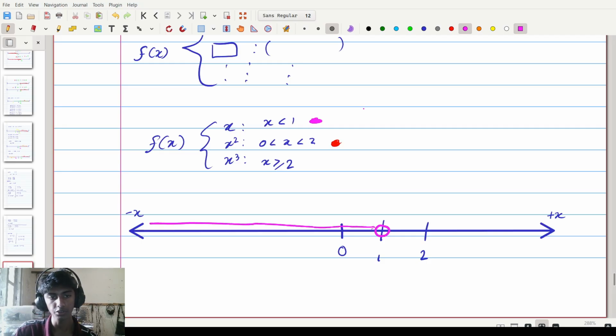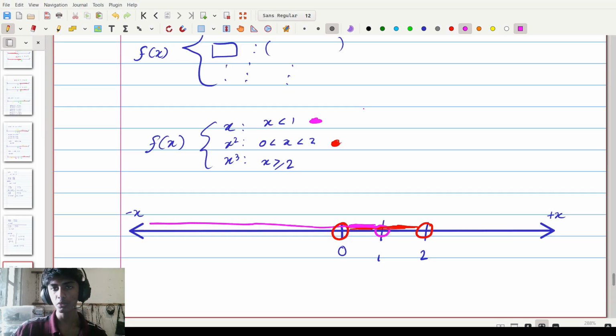I'll also mark 2 because I need 2 later. So this range is going like this. How about the red range? The red range goes from 0 non-inclusive up to 2 non-inclusive, and all the values in the middle. Here we can see an issue. These two ranges are overlapping. The purple range and the red range are overlapping within this area from 0 to 1.